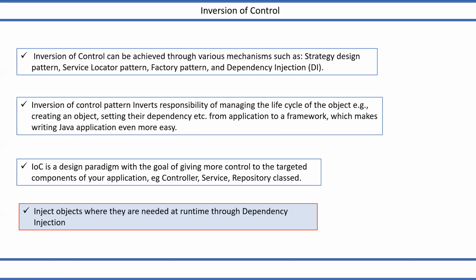So in this case, inversion of control makes creating an object or setting a dependency very, very easy. For example, there's this amazing thing that Spring Boot does for us.